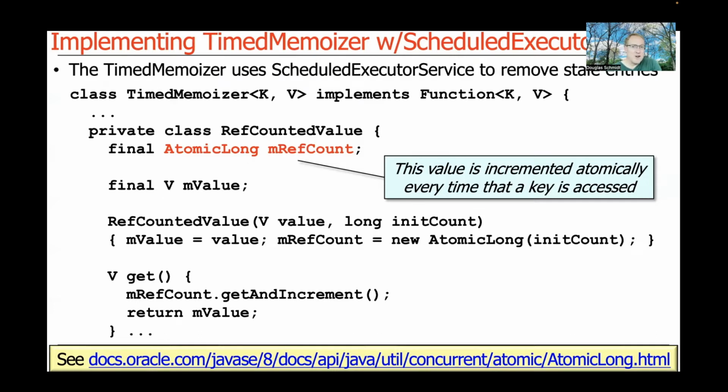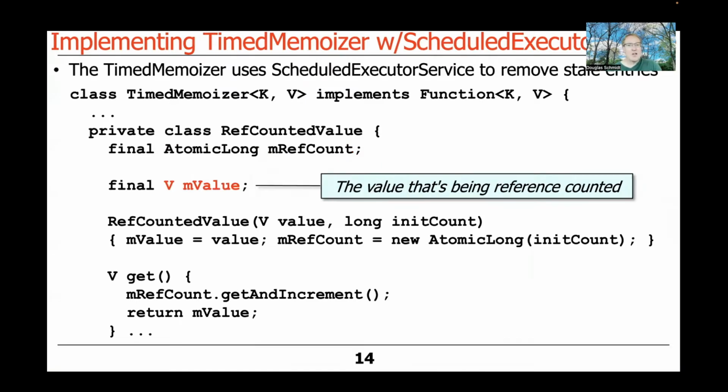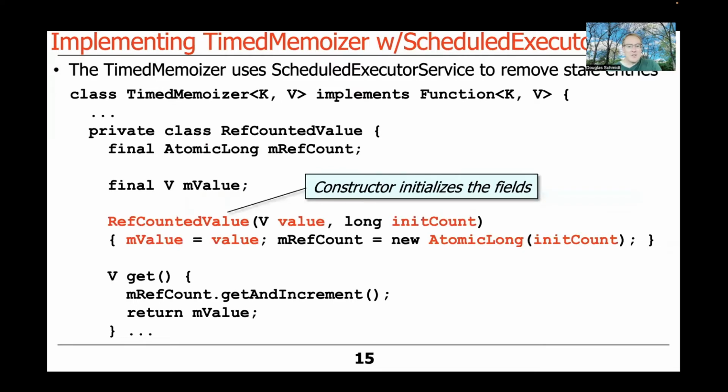And that's very important for use in determining whether an entry is stale or not, as you'll see in a moment. It's also, of course, got the value of type V. That's the value that's being reference counted by the reference count. It's got a constructor that takes a value and an initial count, and it creates a new AtomicLong to encapsulate that initial count and make it into a ref count.